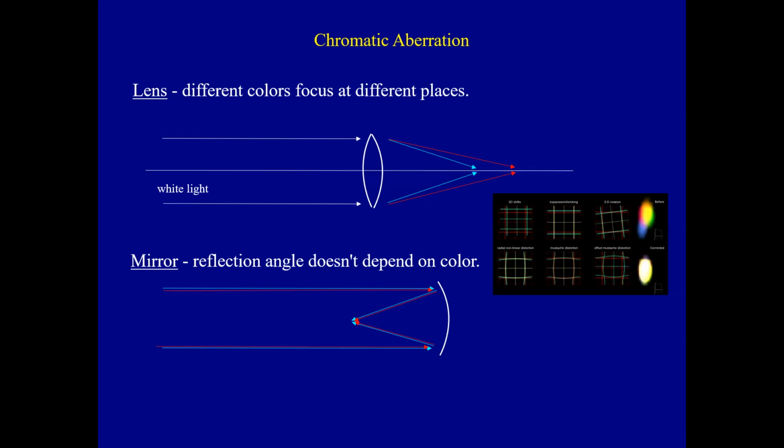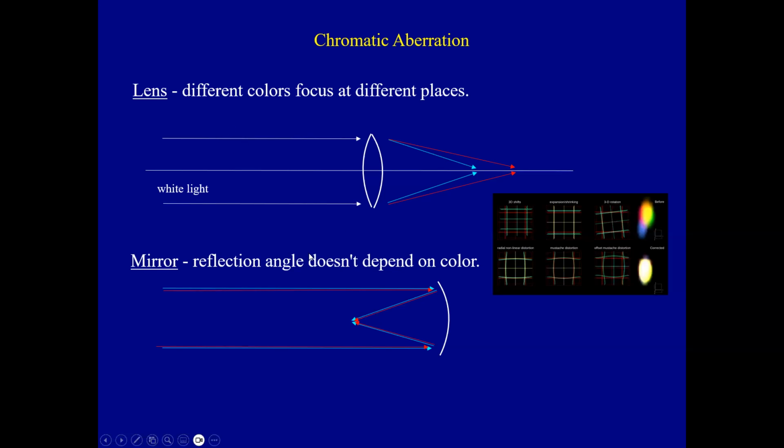That means if you take a normal white light beam coming from this side, the light will be separated into its constituent colors at different focal points by a lens. Correcting this can be done using complex lenses with many optical surfaces. That means it's going to be even heavier and even more expensive to manufacture a lens that is remedied for the chromatic aberration issue.